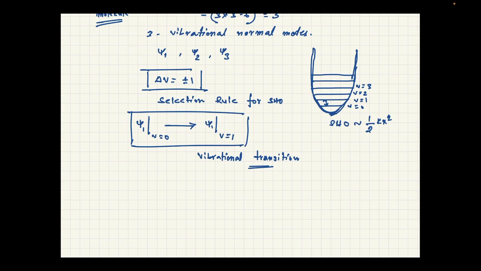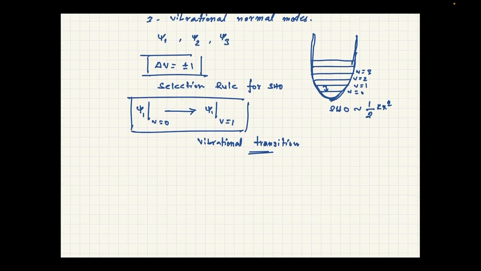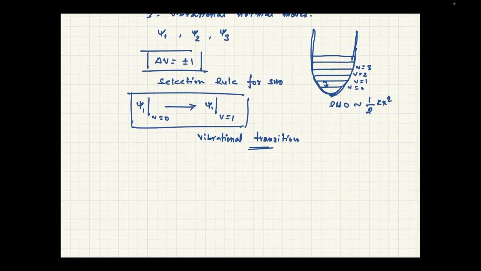Okay, so quantum mechanically, if you want to represent this transition, you can represent it by Dirac bracket notation. Your ground state will be psi 1 at v equal to 0. Then in the middle you have to insert the dipole moment operator. Then psi 1 at v equal to 1, like this.